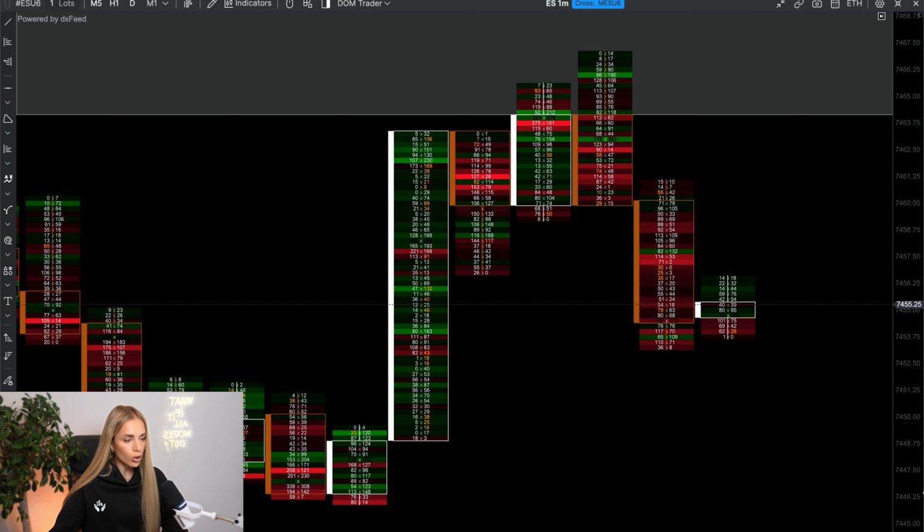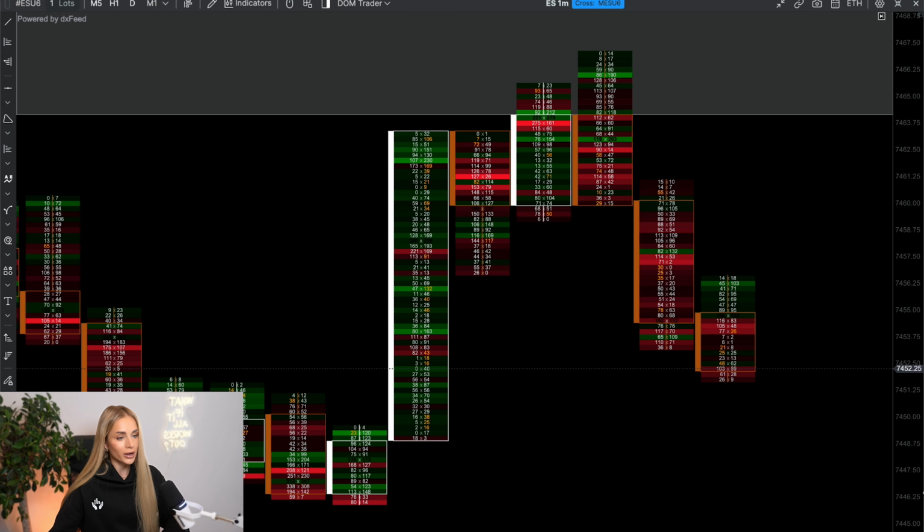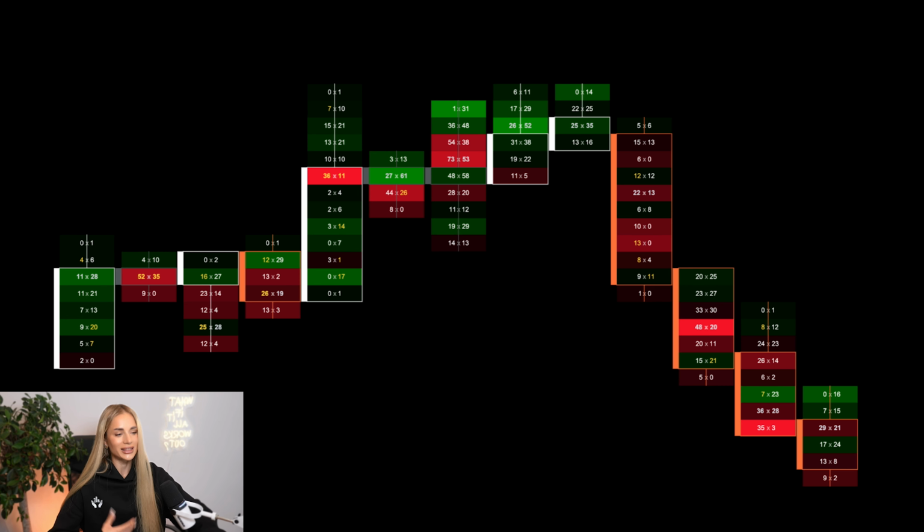And it prints all of that in a way that's clean, visual, and crucially also backtestable, because you can go back through history and study exactly how the market behaved at any single point in time. So let's talk footprints. The first thing you notice when you open an order flow chart is that it doesn't look like a normal candlestick chart.